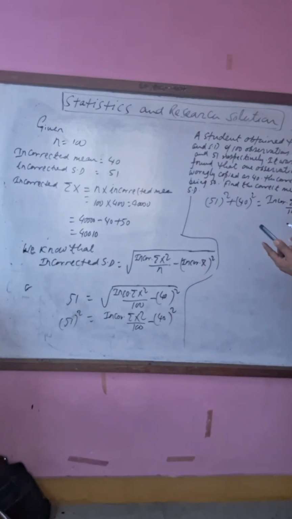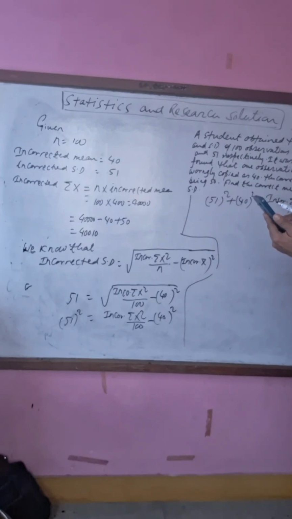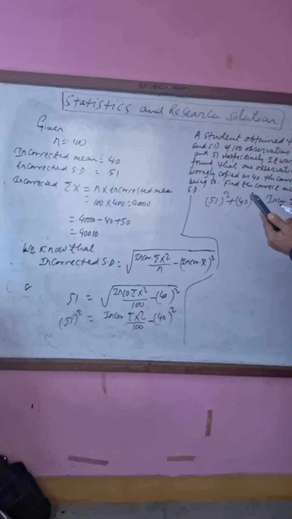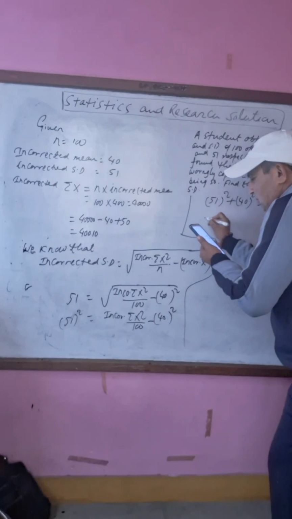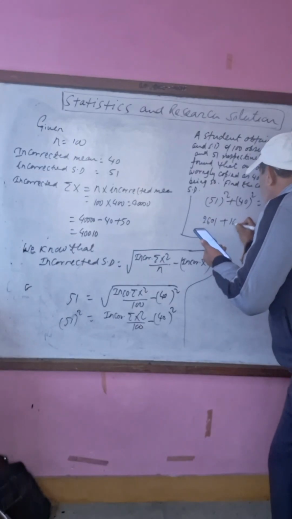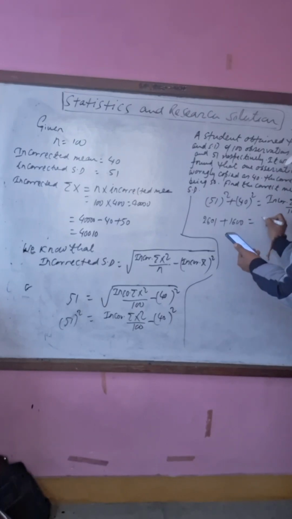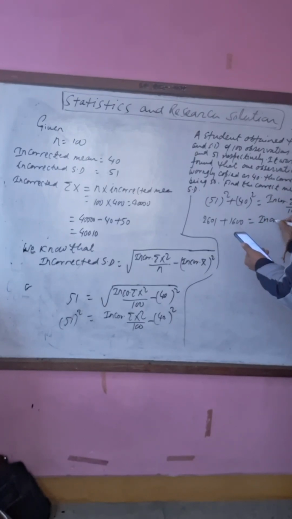Now you should find out the value of 51 whole square. 51 whole square has the value 2601, plus this is 1600, and after that incorrect summation x square by 100.